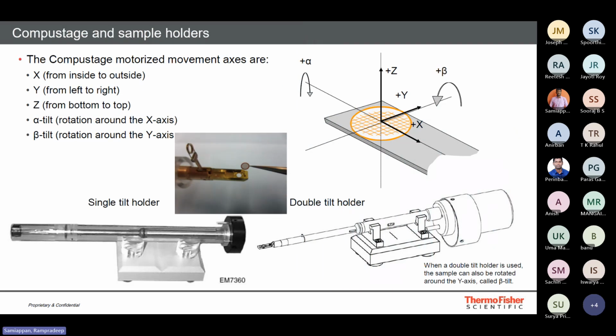There are different holders right now: single tilt holder, double tilt holder, multi-tilt holder. Irrespective of the usage, if we have many particle types, we can use a multi-tilt holder, and if we have a single particle type, we can use a single tilt holder.